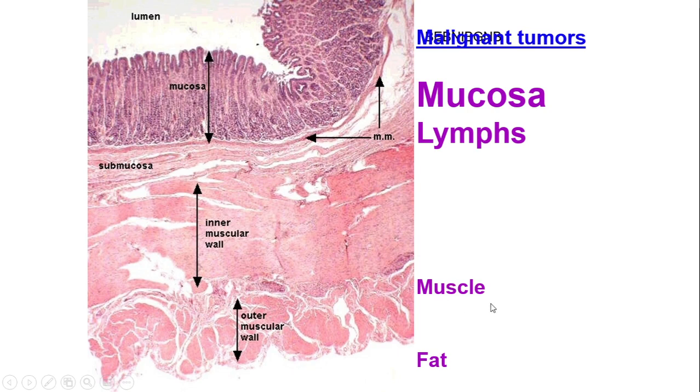Malignant tumor of the muscle is called leiomyosarcoma, whereas malignant tumors of the fatty tissue is called liposarcoma.